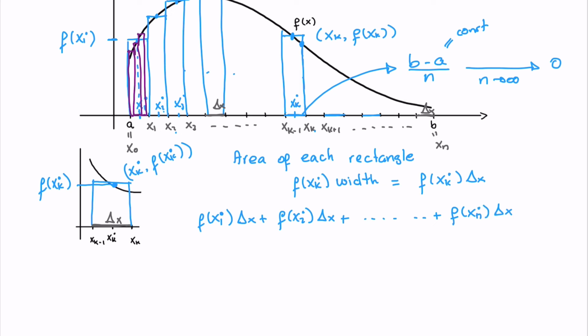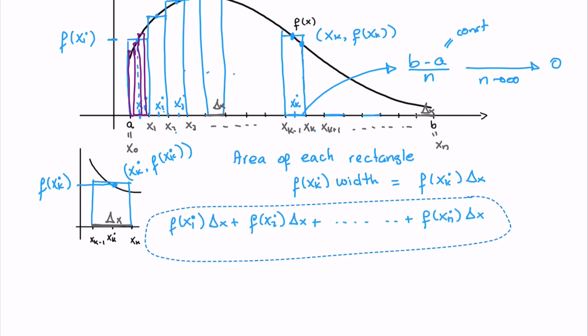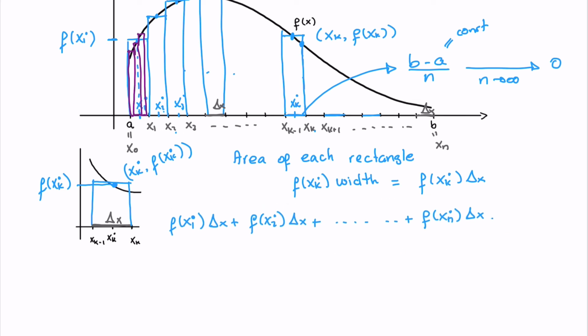It's better to write it in summation notation: the sum from k equals 1 to n of f(xk)·Δx. Now you see, you are in a safe place. You are taking a finite sum, so we're fine, no problem here.